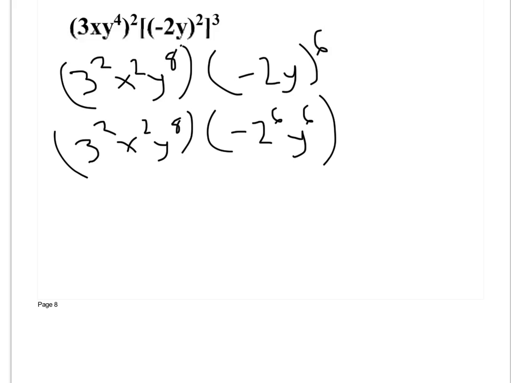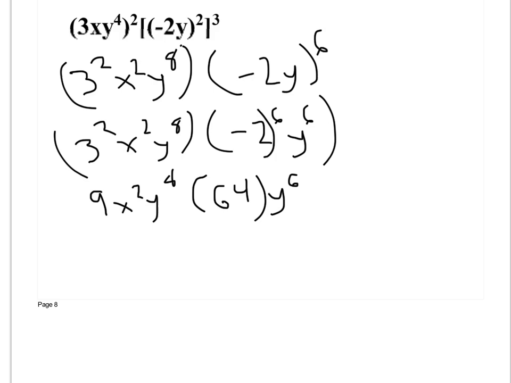So then you work out 3 squared, which is what? 9. 3 times 3 is 9. Negative 2 to the 6th. This is inside parentheses, so negative 2 times negative 2 times negative 2 times negative 2 times negative 2 times negative 2 is positive 64. Y is 6. All right?